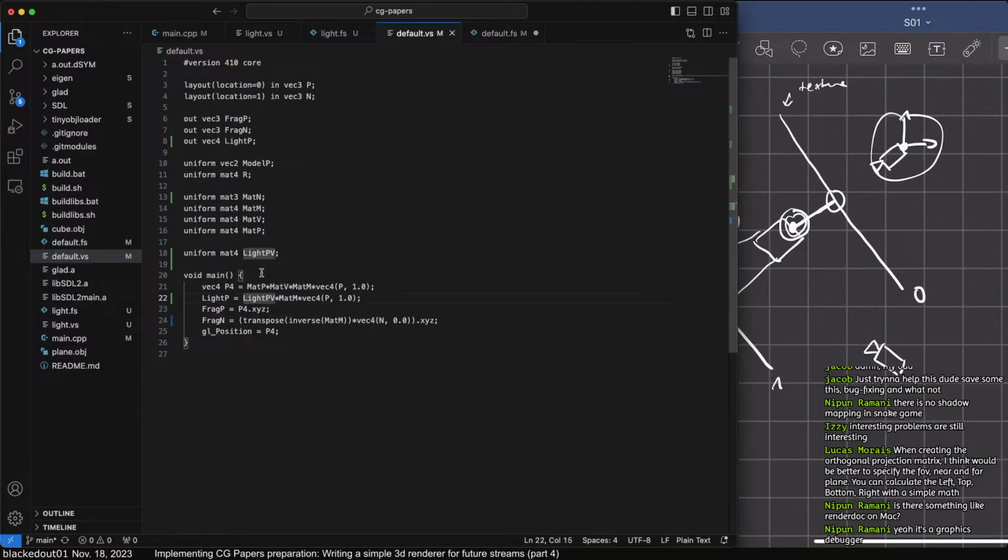When we put our actual point into gl_Position, the division by W is done by OpenGL.